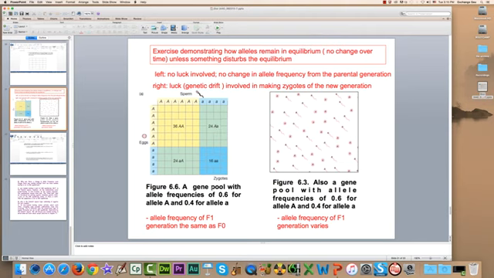In other words, you end up generating exactly the same distribution of genotypes as you get from doing the Punnett square. Okay, I'll have to show you this briefly when we meet again on Monday, but you can try this. Take that allele frequency and look at the genotype frequencies that you get.